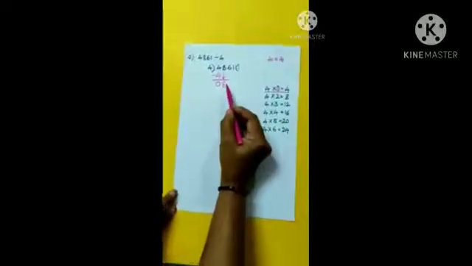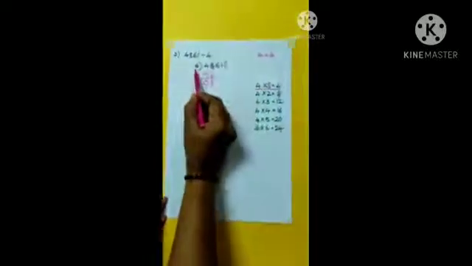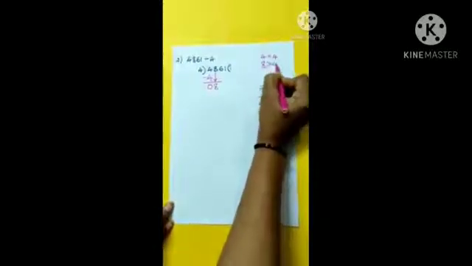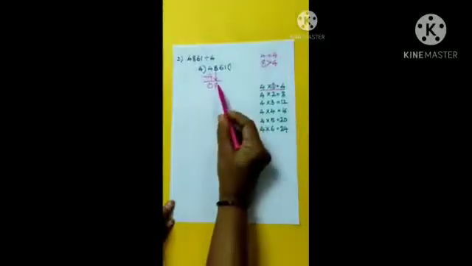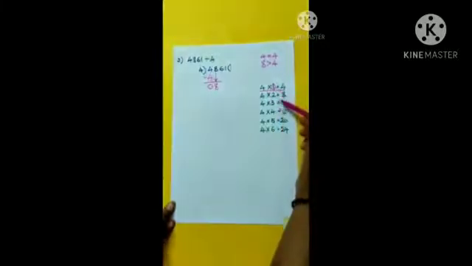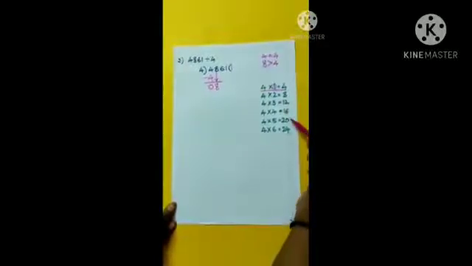So here we compare 8 with the divisor 4. 8 is greater than 4. And therefore we can divide 8 by 4. Again we use the table of 4 to find the product which is equal to and nearest to 8.